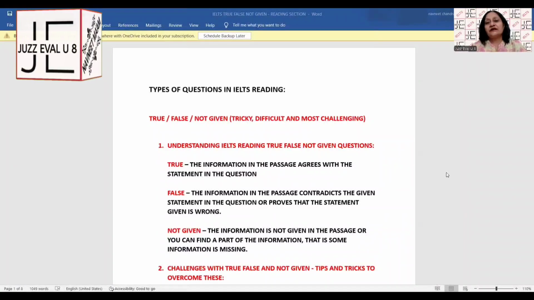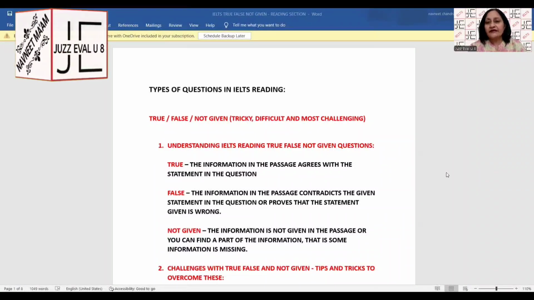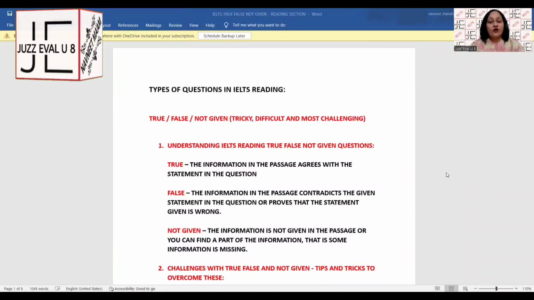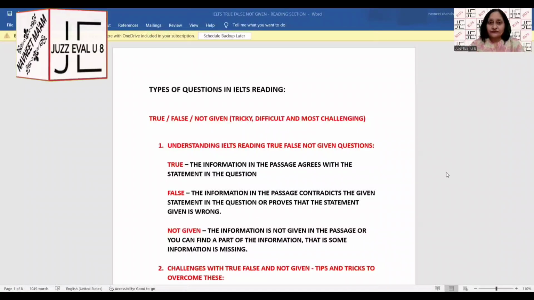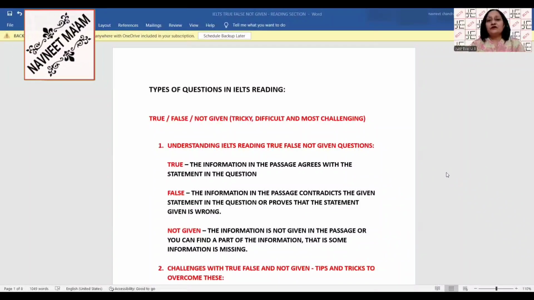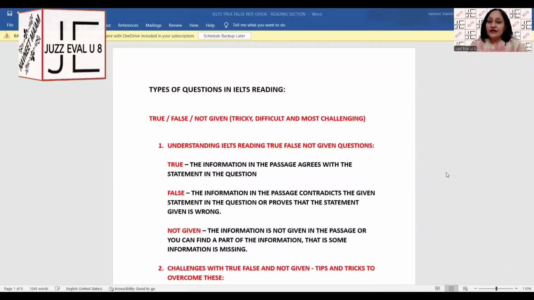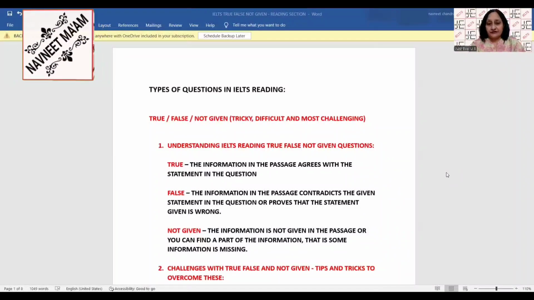Some questions are true, false, not given, where you have to decide whether the statement is true or false or not given. So students get confused a lot, mostly between false and not given. So I'll just clear out your doubts here.